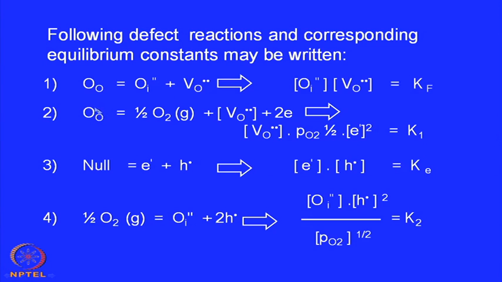This concentration is always 1. So, we define another equilibrium constant K1, this is Kf, this is K1. In fact, F stands for Frenkel, although it is anti-Frenkel, but actually K stands for Frenkel, and this is K1.